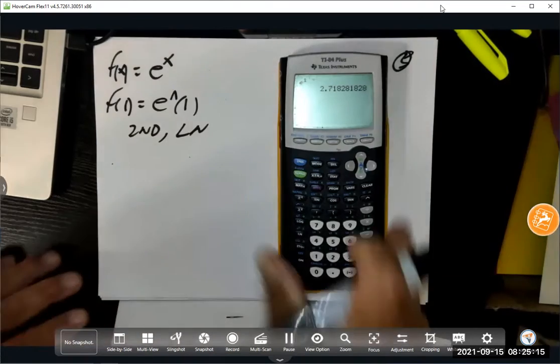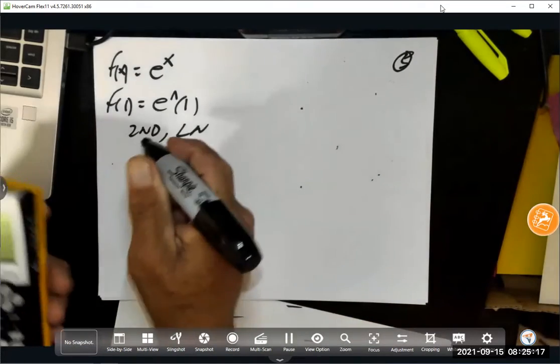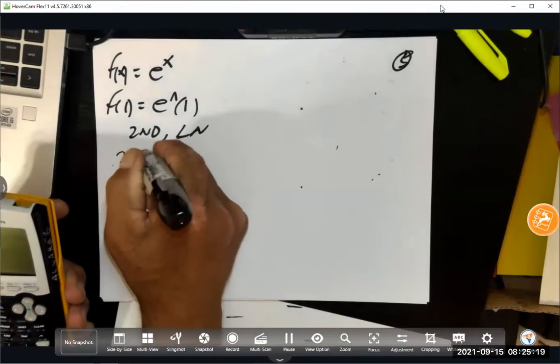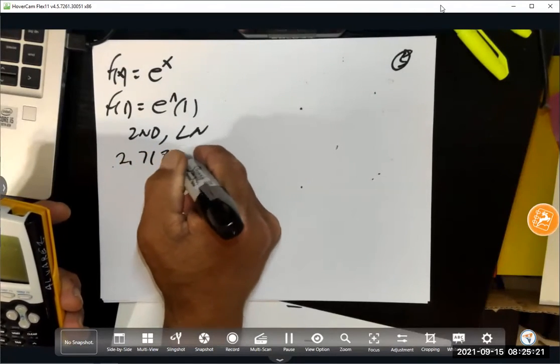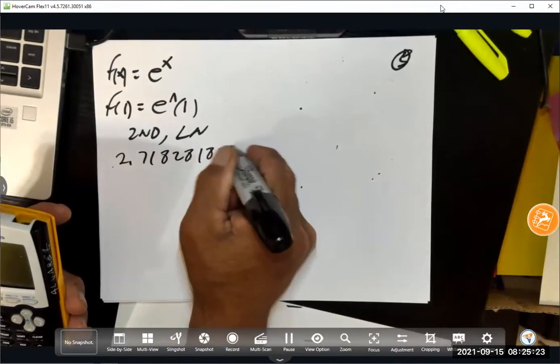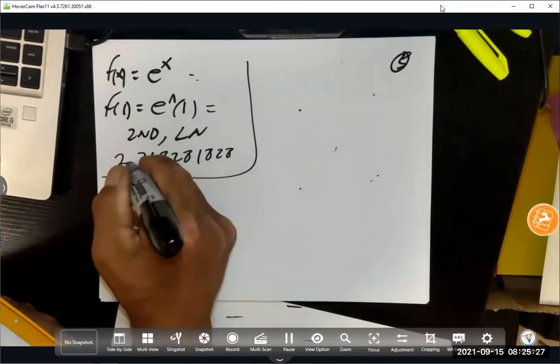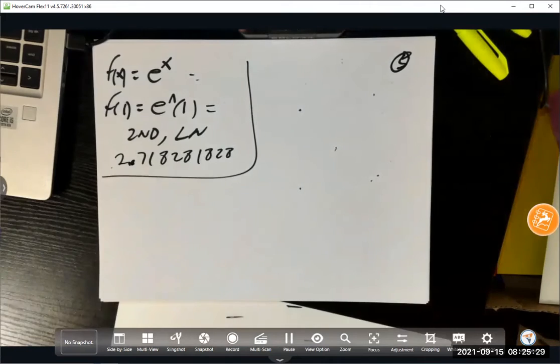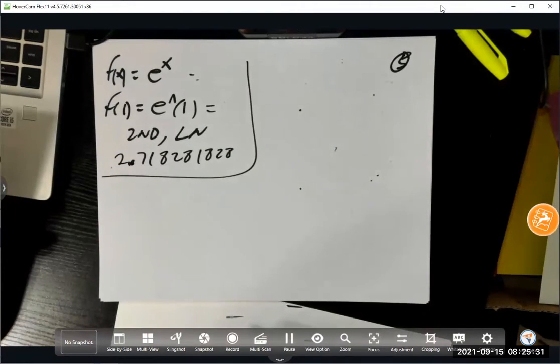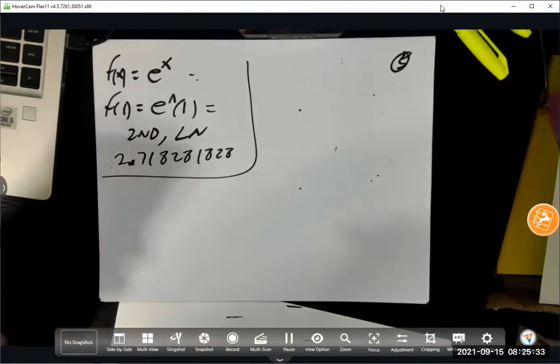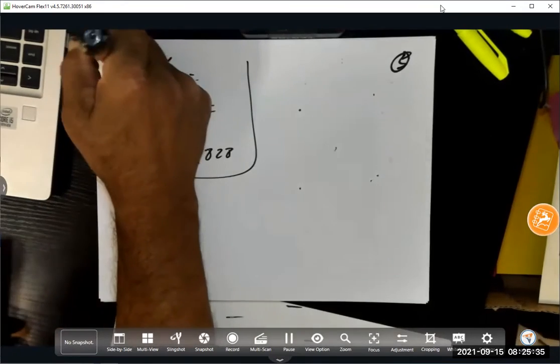And you're going to get some long number. I just write what I got. I got 2.718281828 or something. Y'all get this number here? 2.718281828. Mm-hmm. Okay. So this is question number 9, I guess.